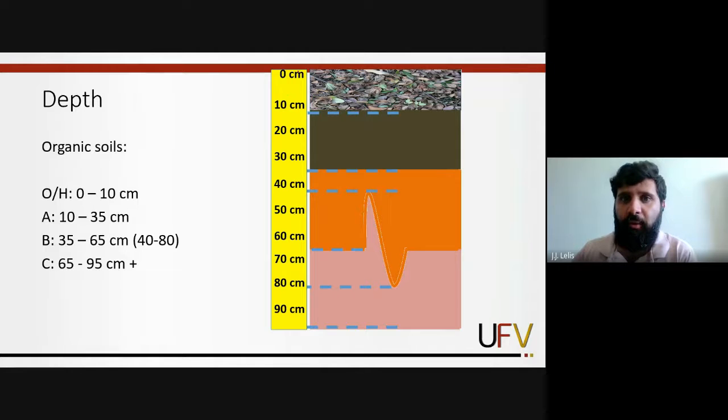So I put my tape at the beginning of the organic material, the organic horizon or layer. So I start here, 0 to 10 centimeters. The A horizon starts at 10 and finishes at 35 centimeters, something like that.